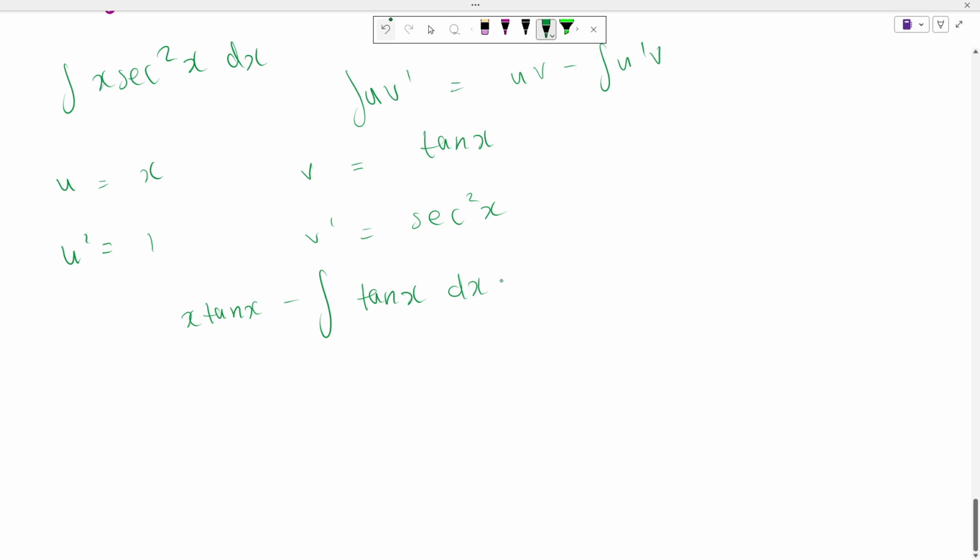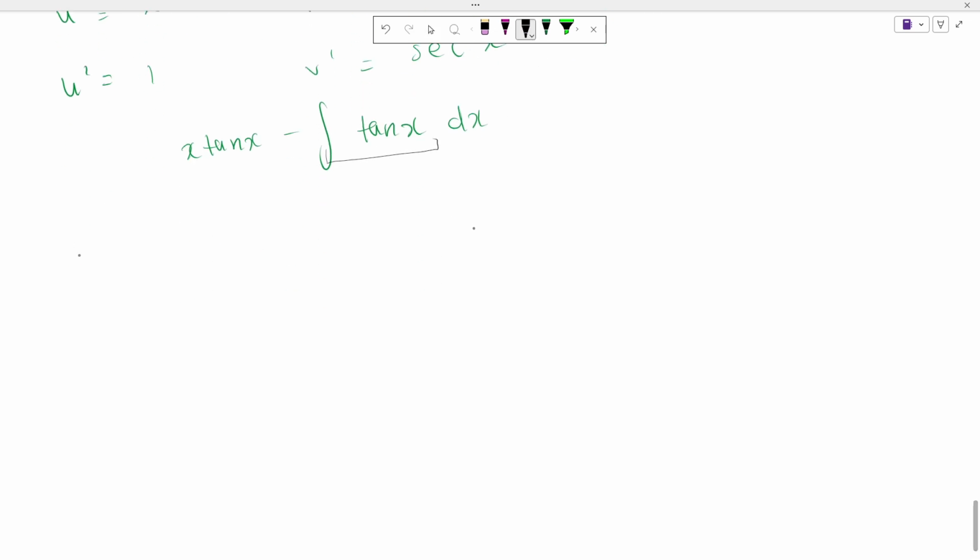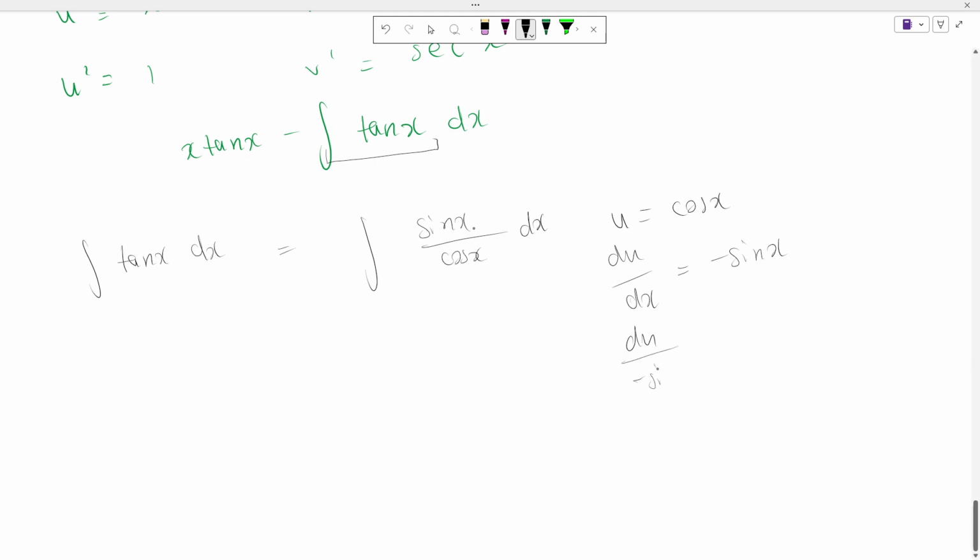Now I can work out the integral of tan x very easily. Let's rewrite this again on the side. The integral of tan x dx is the same thing as the integral of sine x over cos x dx. I can make a substitution: u is equal to cos x, du over dx is equal to minus sine x, and just rearrange like so.